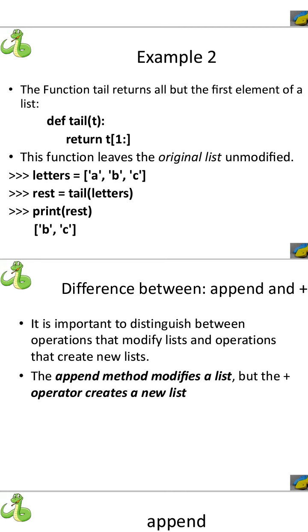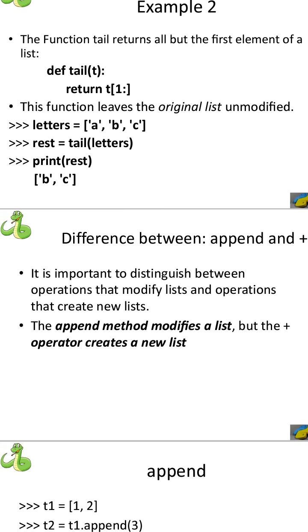Hence, when I pass letters in the driver code to the user defined function tail, it extracts all the elements from the first index till the end of the index, and returns all the extracted elements, which are stored in another list variable, rest.